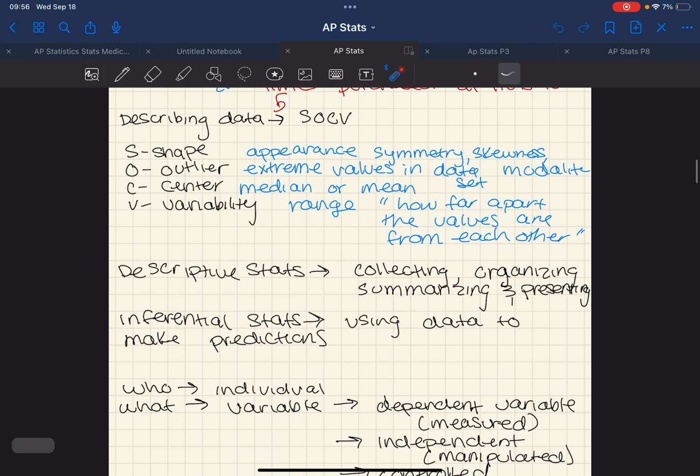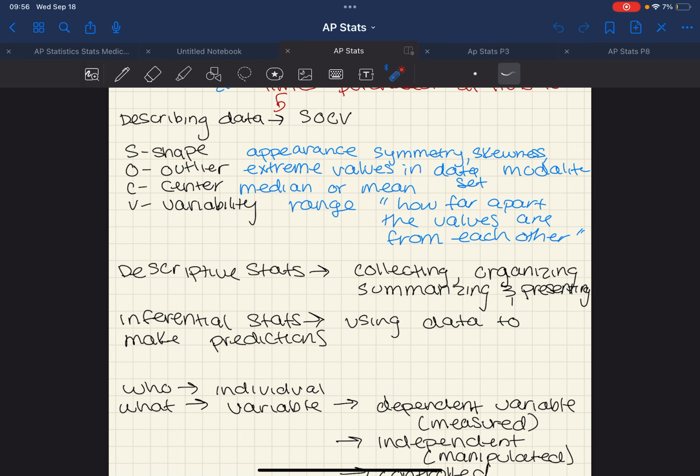Okay, we also learned how to describe data. So when we describe data, we use the acronym SOCV, where S is shape, O is outlier, C is center, and V is variability. So when we're talking about the shape, we're talking about the appearance of the diagram.